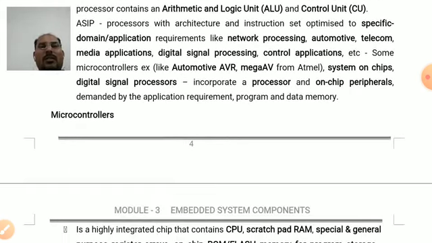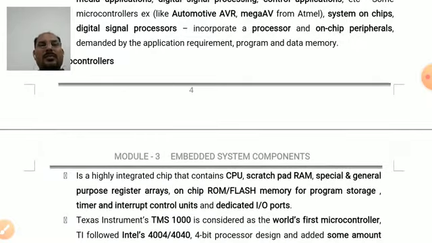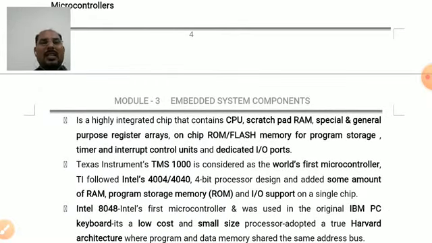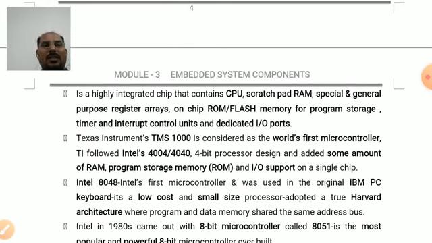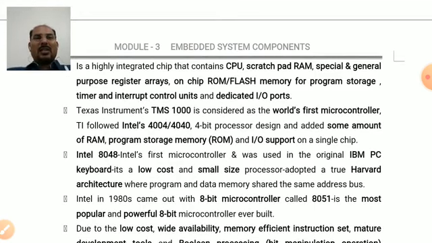The next one is microcontrollers. It is a highly integrated chip that contains not only a CPU. Along with the CPU, it also has some bytes of RAM, some general and special purpose register arrays, on-chip ROM or flash memory, timer, interrupt control and dedicated IO ports.